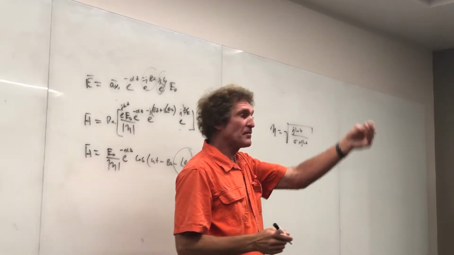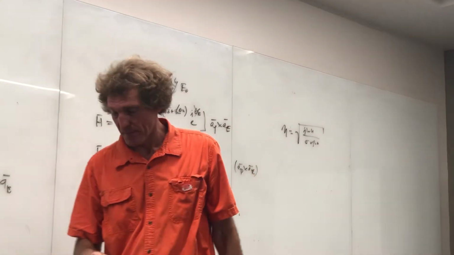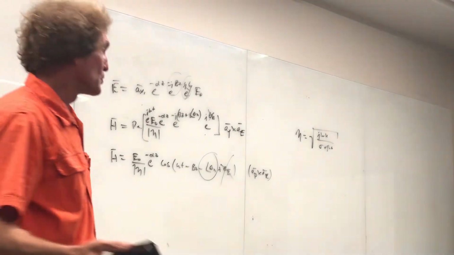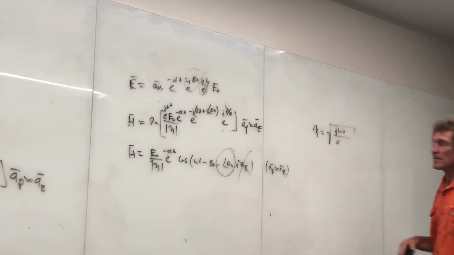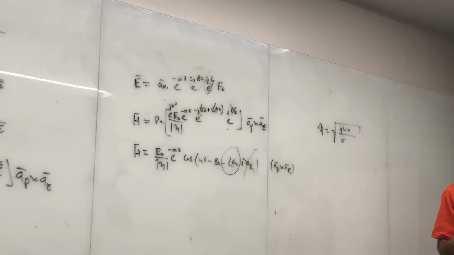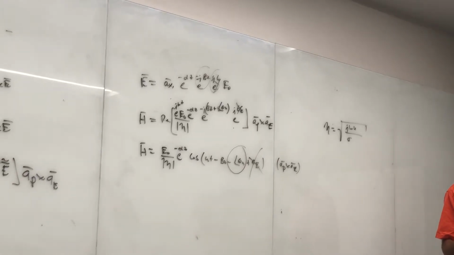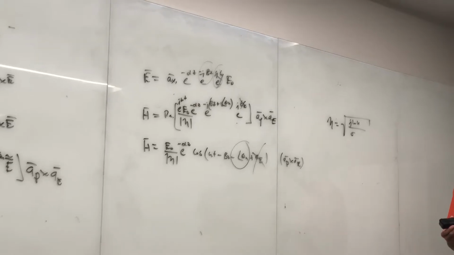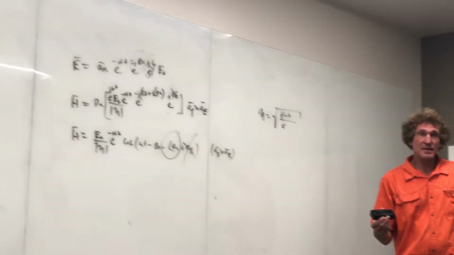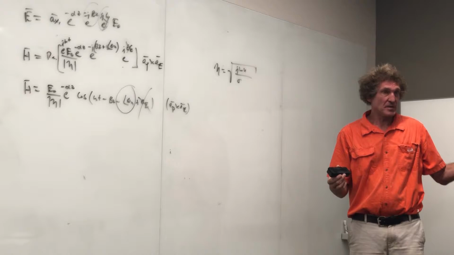If you have a very, very lossy media, you can assume that j omega epsilon goes away. This is super lossy. Do you agree with me? Right? Because sigma will be so much bigger than j omega epsilon, it dominates. It's as if there is no displacement current. Can you follow me on this?